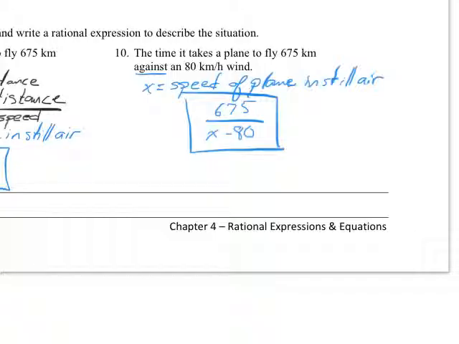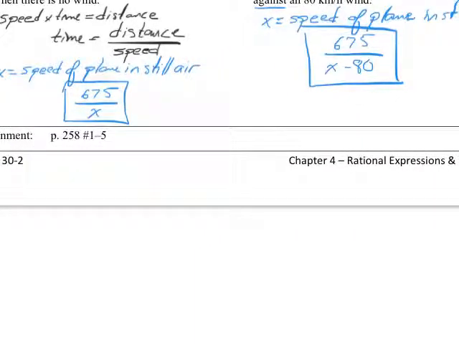So you will see at the bottom of the page your assignment, page 258, questions 1 through 5. So work through those, please. Once you've completed that, then you can look at the next lesson video and work on that assignment. So you'll have the rest of today's class.